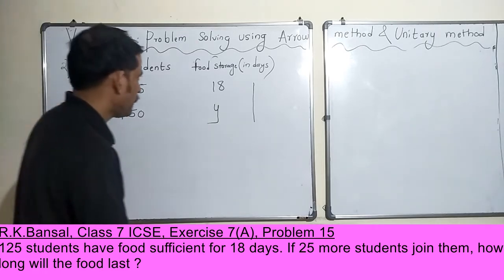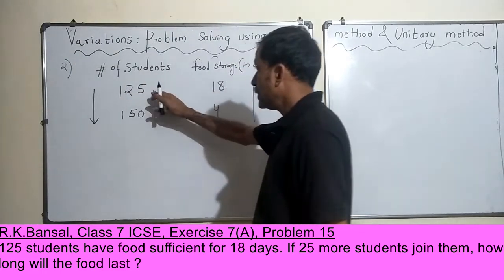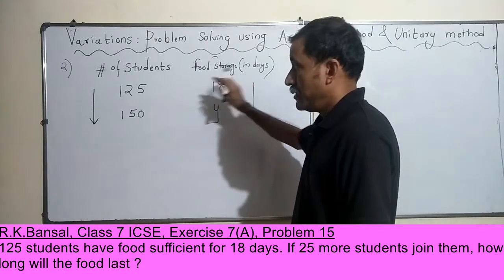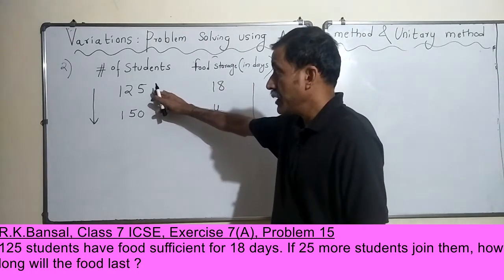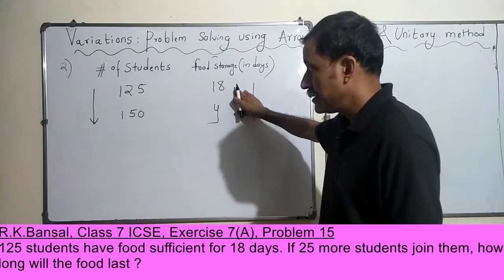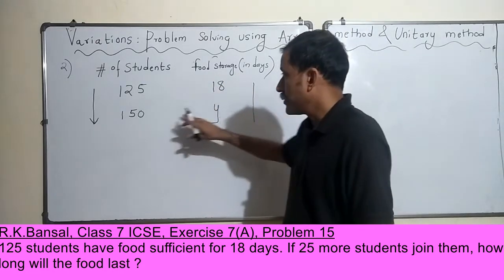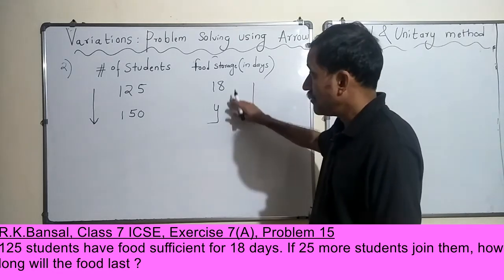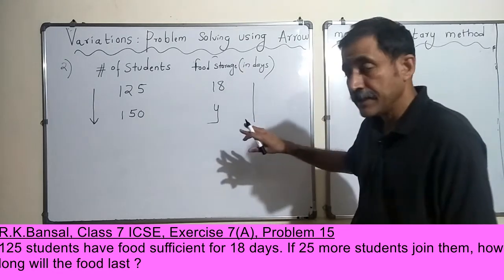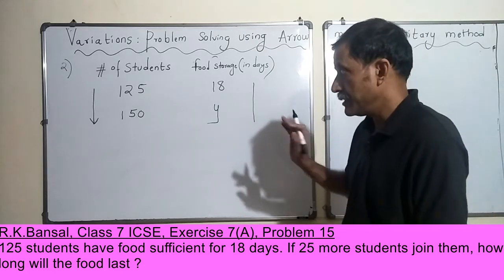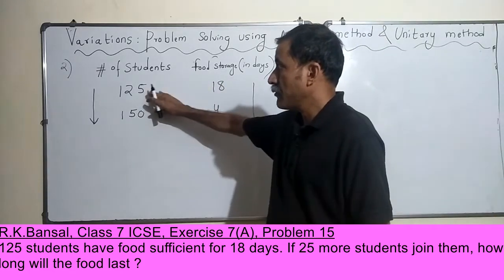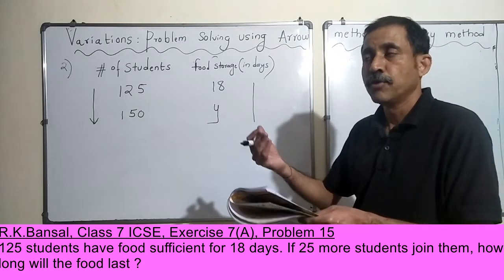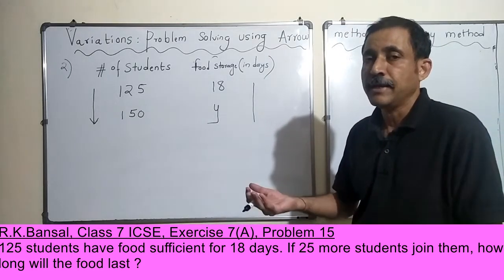How about here? The food which is there is sufficient for 125 students for 18 days. If more students come, the food will be sufficient for more than 18 days or less than 18 days, right? Now more people come, naturally the food would exhaust quickly, right?